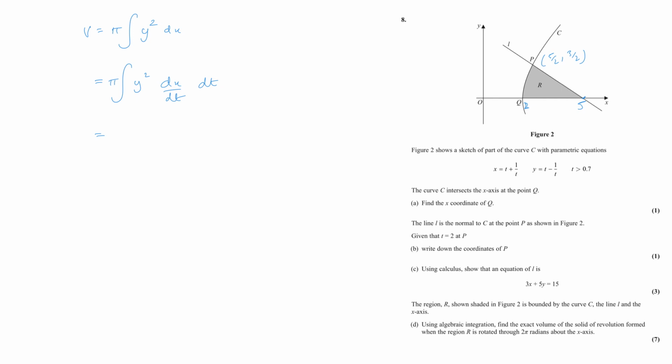So y squared is, there's pi first. y squared is t minus 1 over t all squared. dx by dt, we had done that. That was 1 plus, no, 1 minus, wasn't it? 1 over t squared dt.